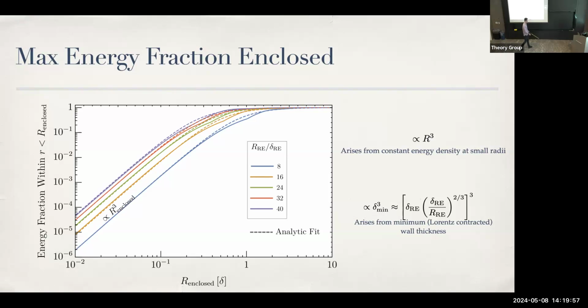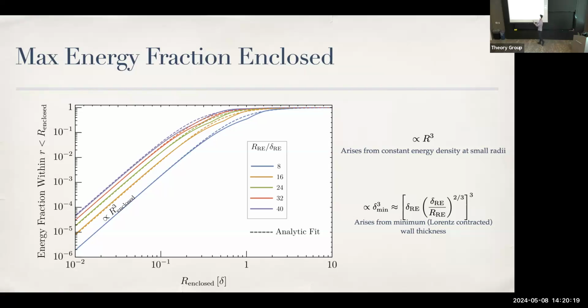And indeed, that's what we find numerically, and analytically, you can understand that from this result, and that for very small radii, I can only contract a certain amount of volume. So my energy density within a very, very small radii below this break is roughly constant. And it tells you my energy enclosed goes as R cubed, which is indeed what we find numerically.